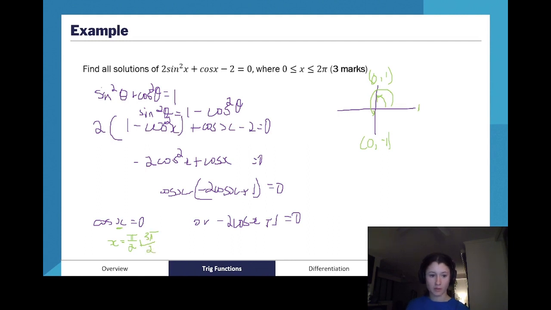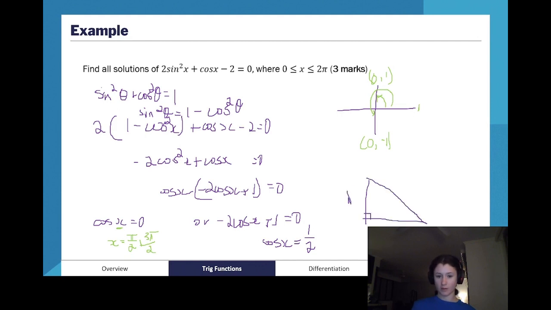Now we need to solve the rest of this equation here. So we're going to have cos x equals a half. So we just took that 1 and that negative 2 over to the other side. Now we need to figure out when is cos of x going to be equal to a half. So here we need to use our special triangles or our table of values. So our special triangle that has a half in it is this one here.